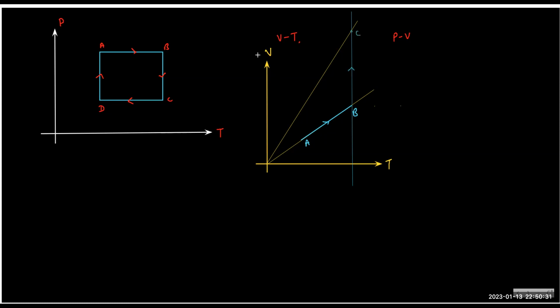And then again, C to D is decreasing temperature. Once you draw a few parts, it's obvious.